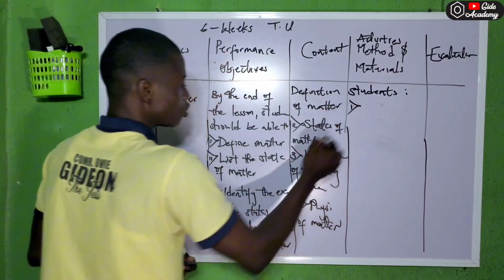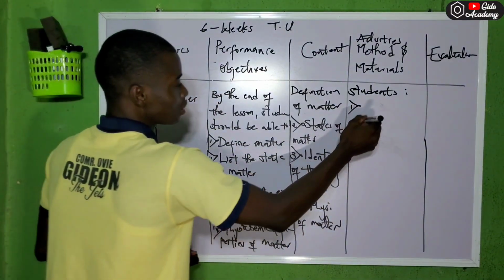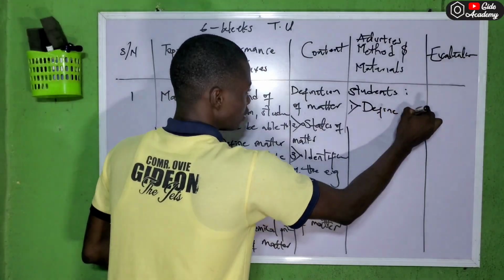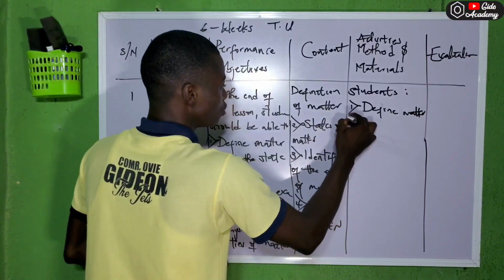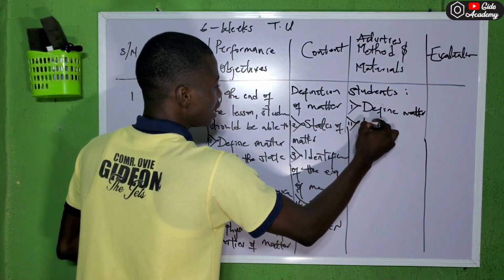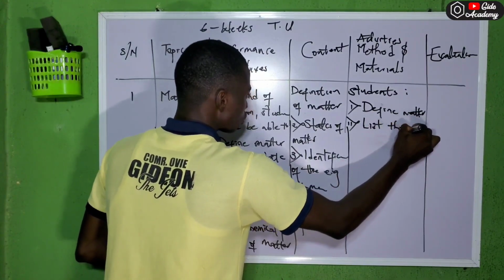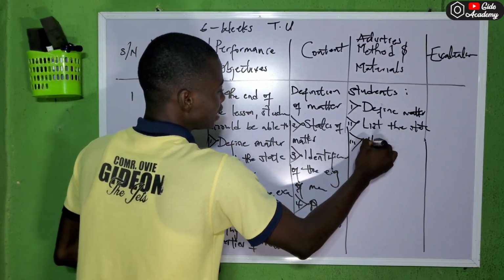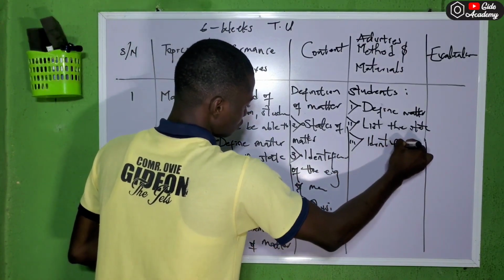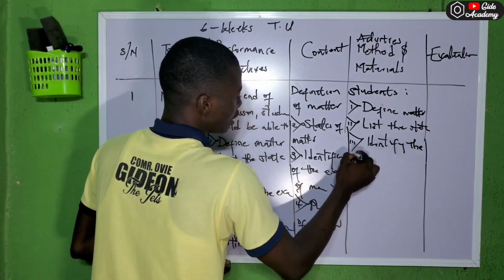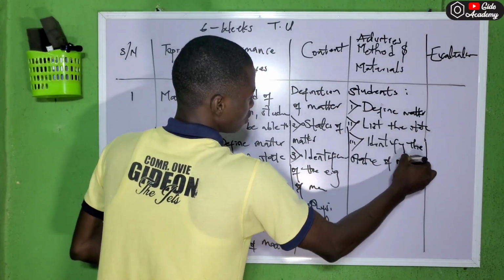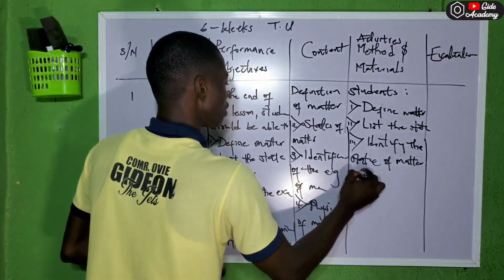let me just put a column here to make the whole work fast. Students define matter. Number two, students list the states of matter. It's almost the same thing with this one. Number three, students identify the states of matter with examples.